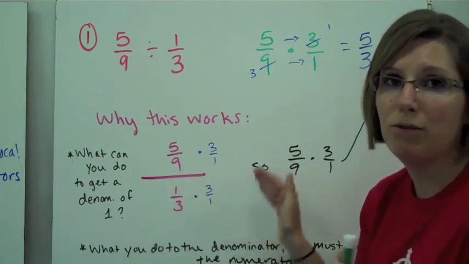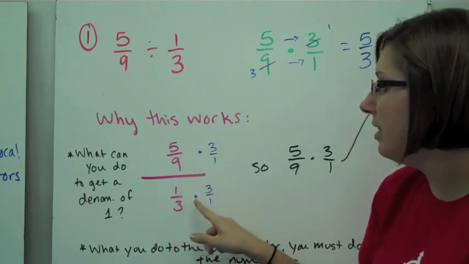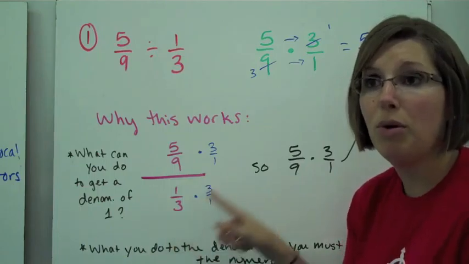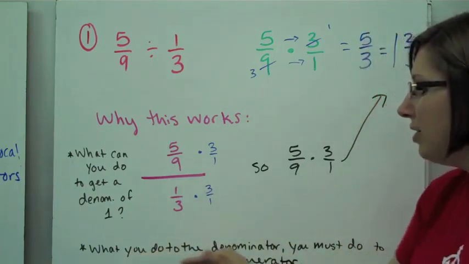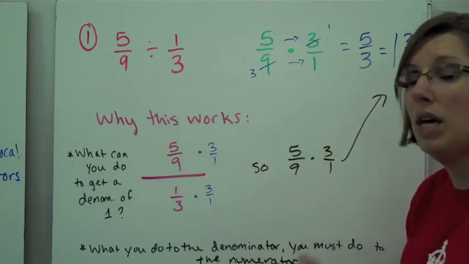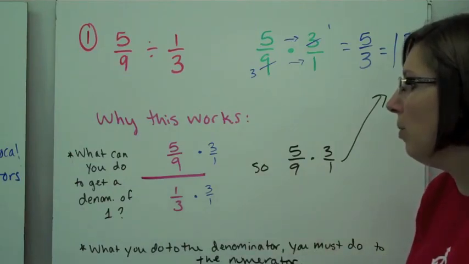Anytime you multiply a number by its reciprocal, you change it to 1. So I'm going to multiply the denominator of 1/3 by its reciprocal, 3/1. And what I do to the denominator of this giant fraction, I'm also going to do to the numerator. So I'm going to multiply the numerator by 3/1.